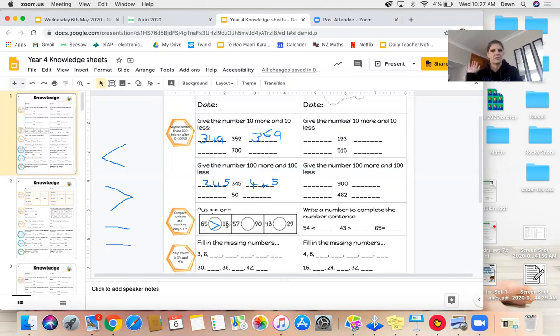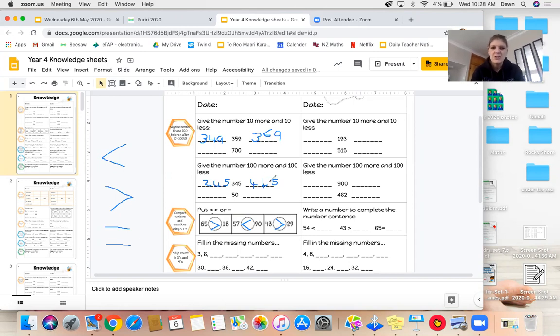It's going, I don't want you. Right. Let's look over here. The 90 is the biggest one over here. So the crocodile's mouth is going to be wide open to go and eat 90. It wants to gobble 90 up. Okay. 43 and 29. The biggest one over here is 43. So let's open the crocodile's mouth so that it can eat 43. It's going to go and munch 43.